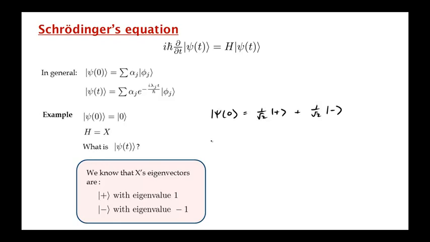And so psi of t is going to be equal to 1 over square root 2 times, and what does plus evolve to? It evolves to e to the minus i lambda, which is 1, t over h bar plus, plus 1 over square root 2 e to the minus i lambda. Lambda in this case is -1, so we get a plus, t over h bar, minus.